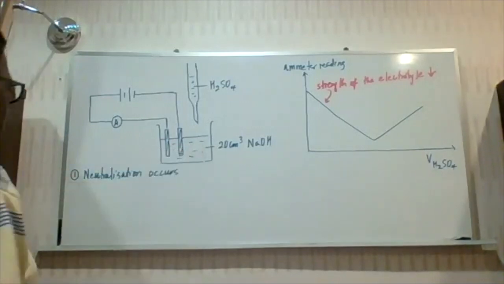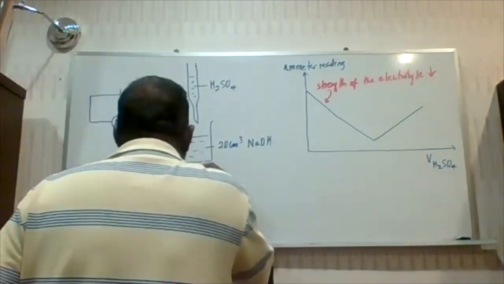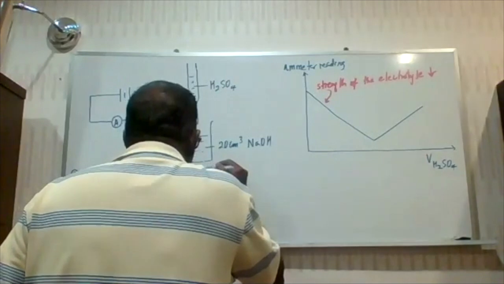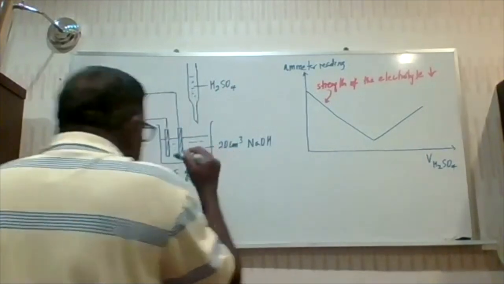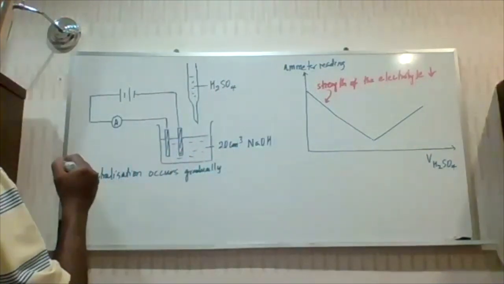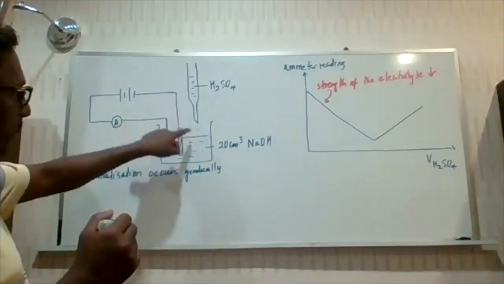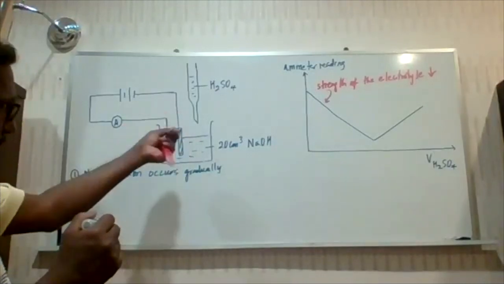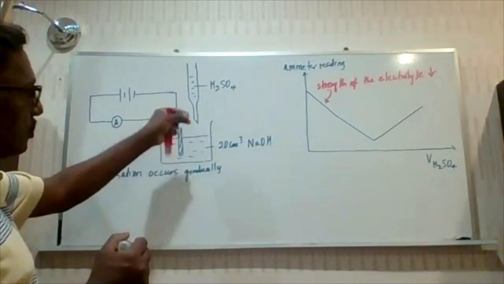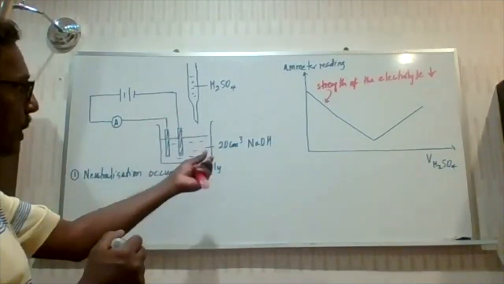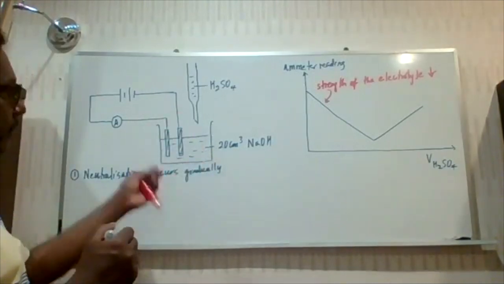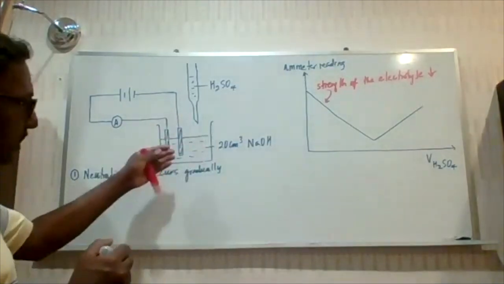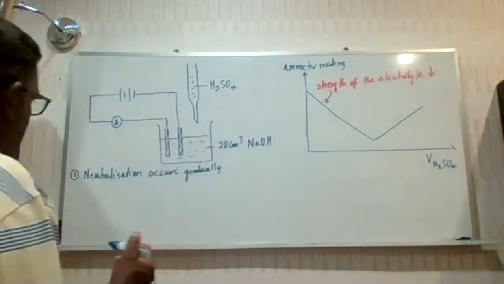Answer: no. Neutralization occurs gradually, little by little. Whatever small amount of sulfuric acid you add neutralizes only a small quantity of sodium hydroxide, whereas there is still a large quantity of sodium hydroxide left.